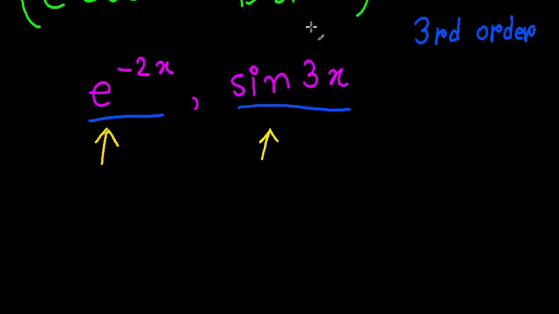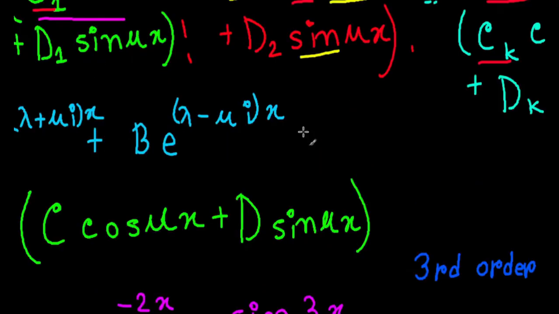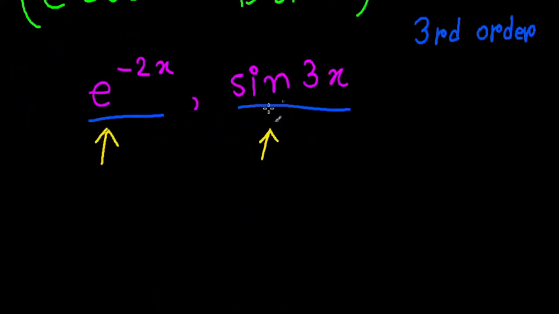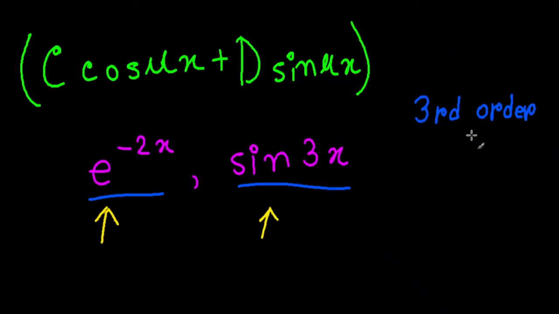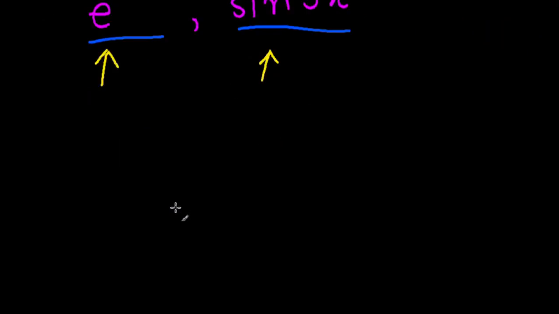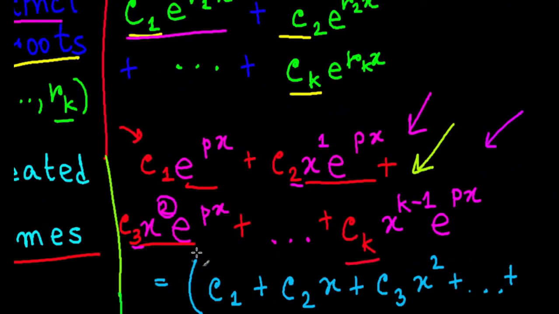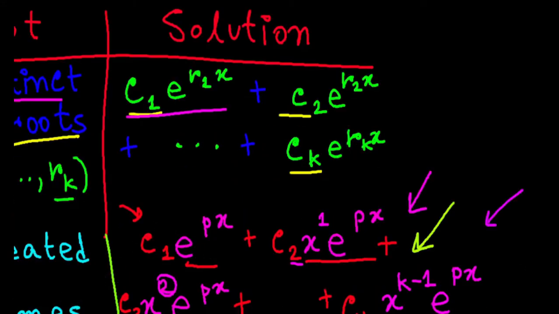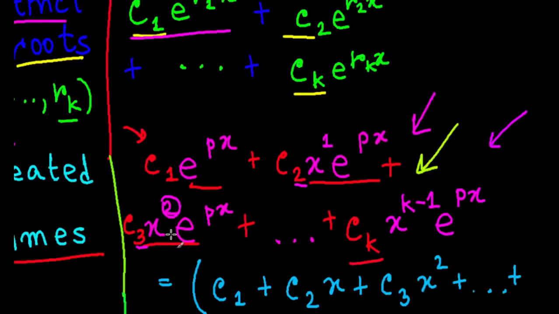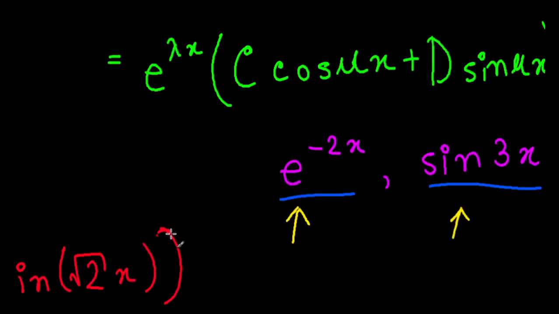Even if you add them, obviously it would be a solution, but it's not the general solution, and we still have a bit of work. Even if you multiply some constants with them, you're not going to get the general solution, because it's third order and you only have two solutions given. That's why what's important is that we pattern match with these forms that we found, depending on the nature of the roots, and we see what the general solution should be.